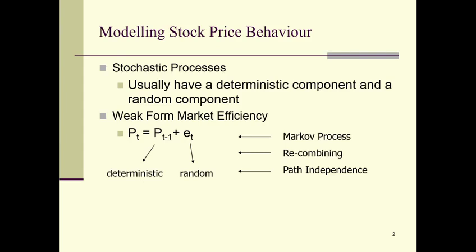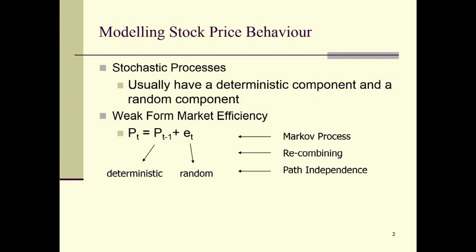This stochastic process has a random term, so it qualifies as a Markov process. It is also weak form market efficient. It's a particular type of stochastic process whereby only the current value of a variable is relevant to predicting its future.